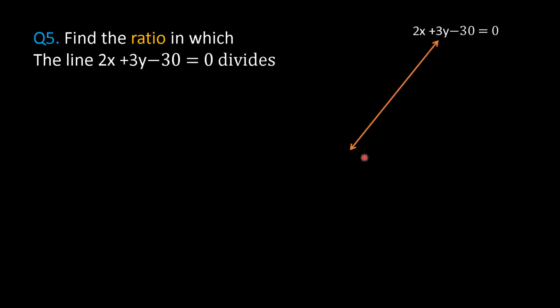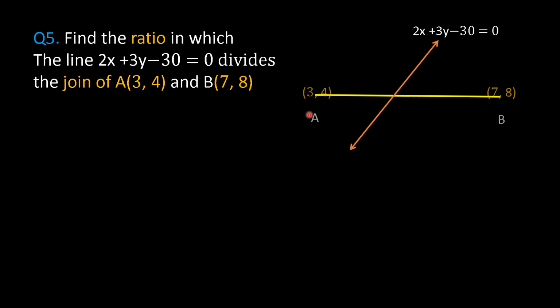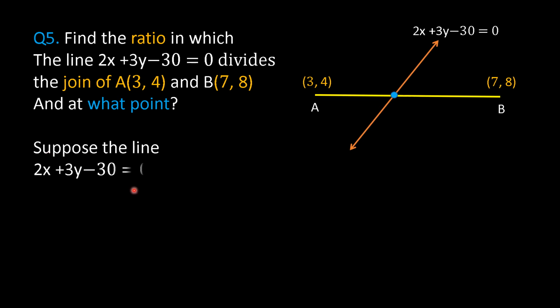Fifth question is to find the ratio in which the line 2x plus 3y minus 30 equals 0 divides the join of A(3, 4) and B(7, 8), and at what point. So we have to find this point. Suppose the line 2x plus 3y minus 30 equals 0 divides AB at C(x, y).